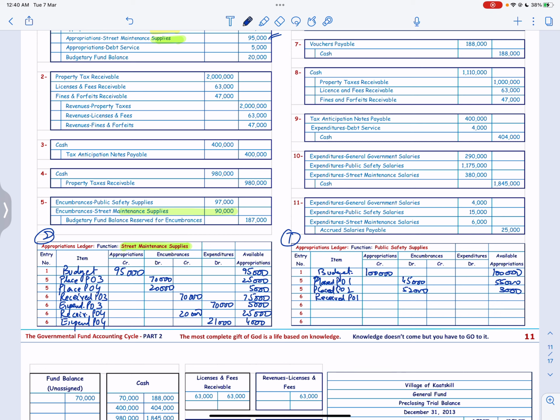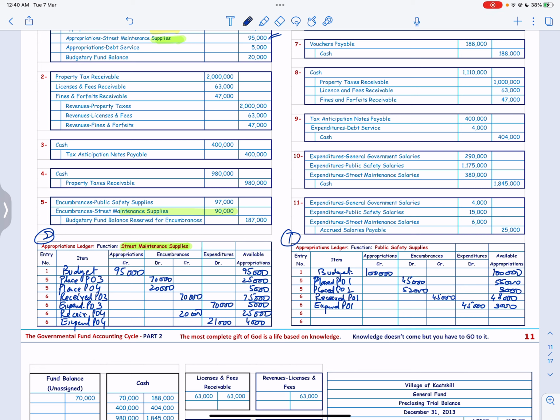So first of all, the encumbrance is going to be reversed and that makes 48,000. And then we record the expenditure for purchase order number 1 and that is 45,000. So the balance is 3,000 now.